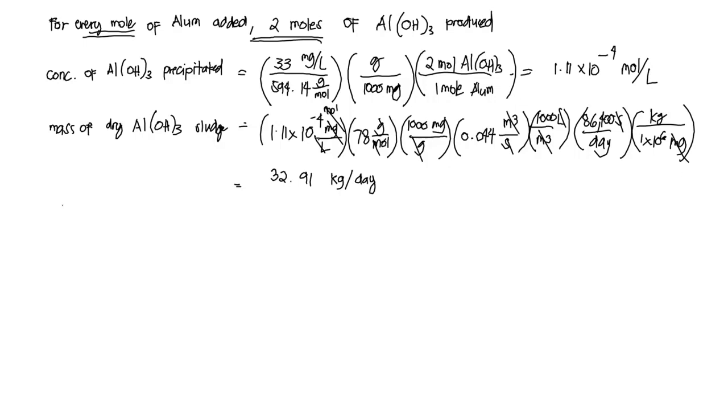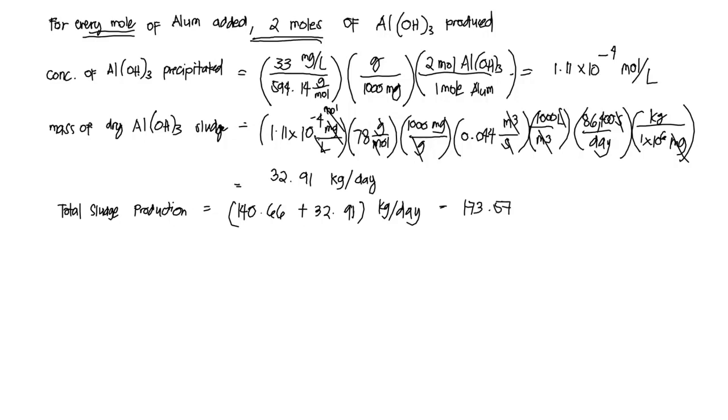So for the total sludge production, we have 140.66 plus 32.91 kilograms per day, which is equal to 173.57 kilograms per day of sludge production.